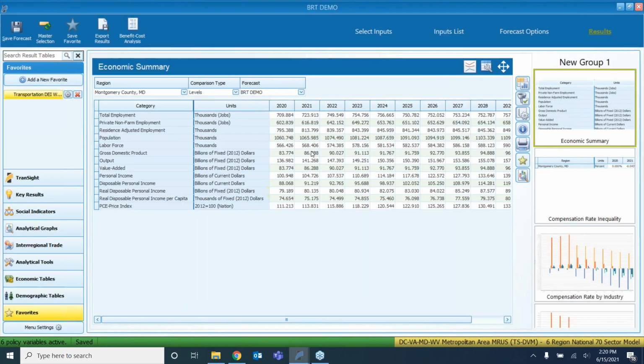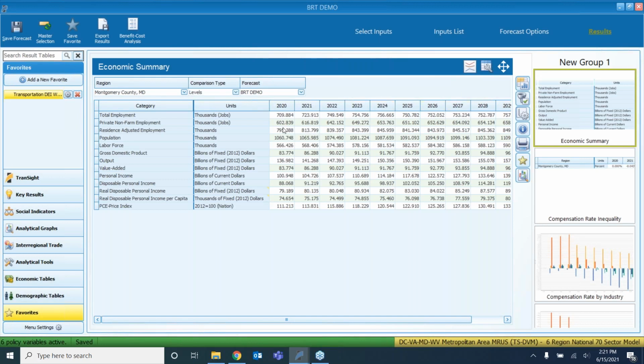All right, here we have our first economic summary table. So this shows us really the overview of the greater macroeconomic picture that we're seeing as a result of this policy change. So looking specifically at Montgomery County, we can see the gain in thousands of jobs across our years of interest.